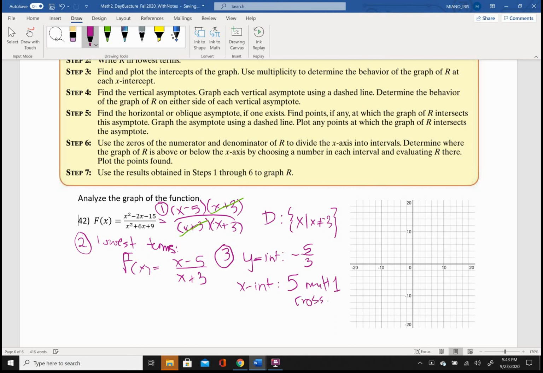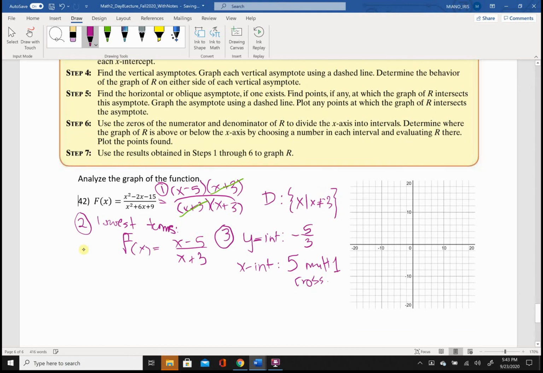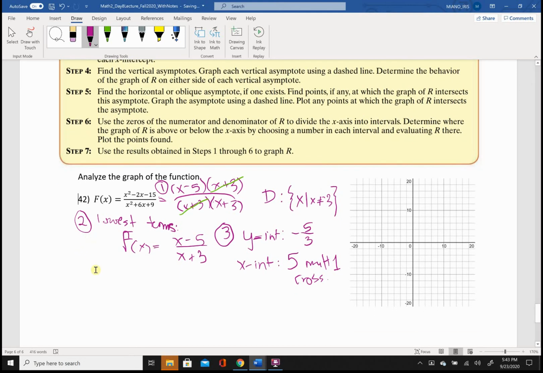Okay, moving on to step 4. Vertical asymptote. So that's going to be when the denominator, once it's in lowest terms, which is what we did in step 2, is equal to 0. So that means that the vertical asymptote, VA, is x equals negative 3. Okay, and this thing is going to be acting like an odd function.